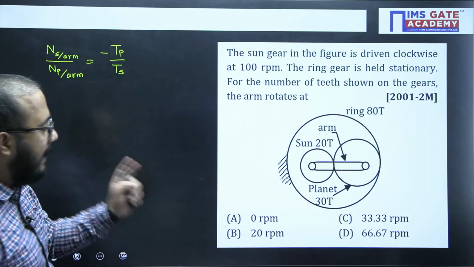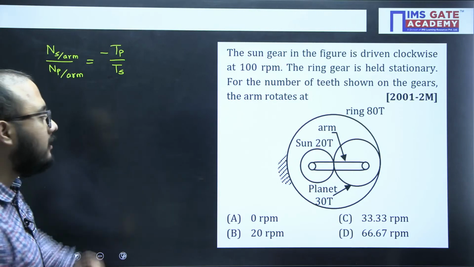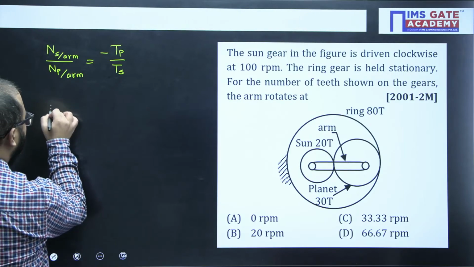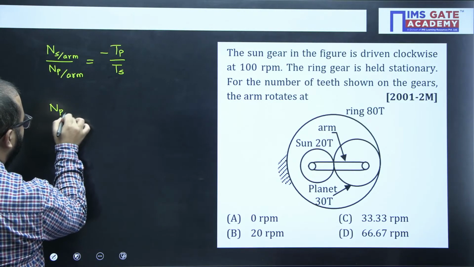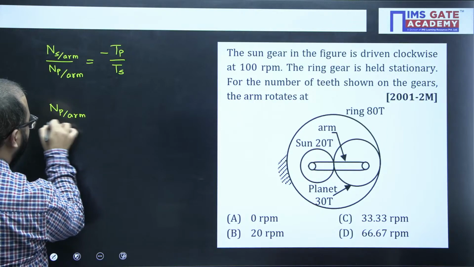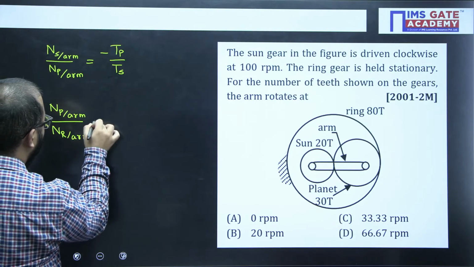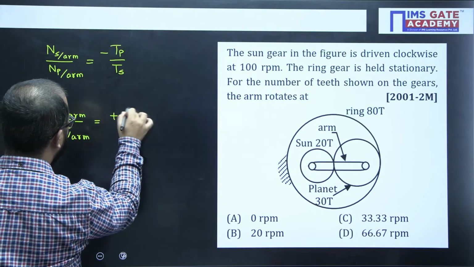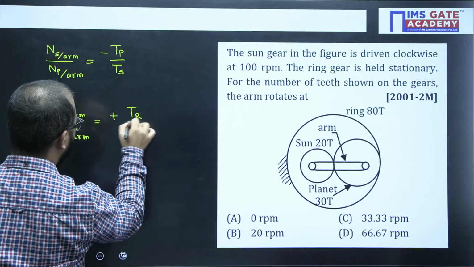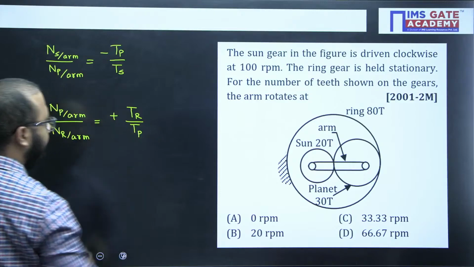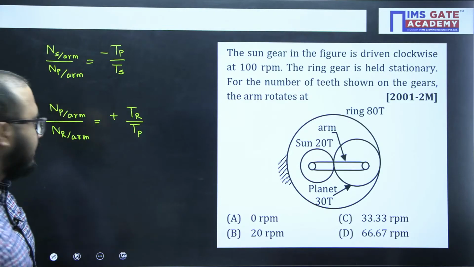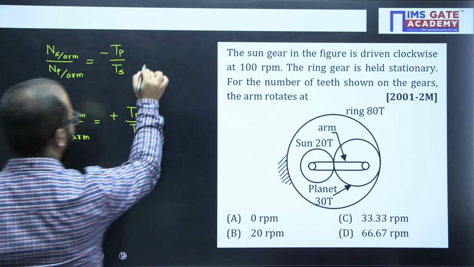Now planet and ring, they are having what? Internal meshing. So speed of planet with respect to arm over speed of ring with respect to arm equals plus Tr by Tp. Fine. Now these are the two relations.